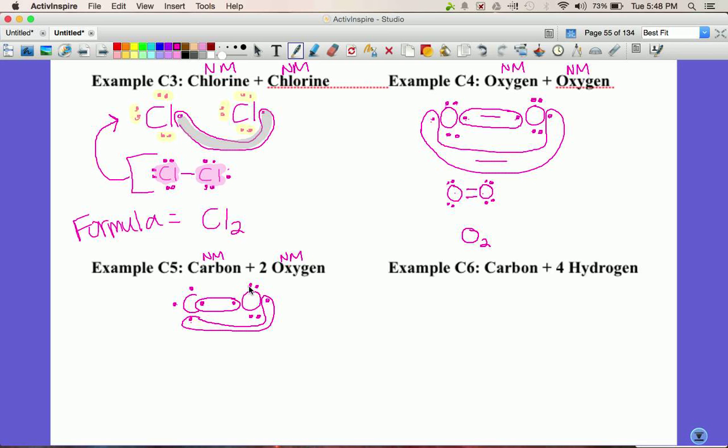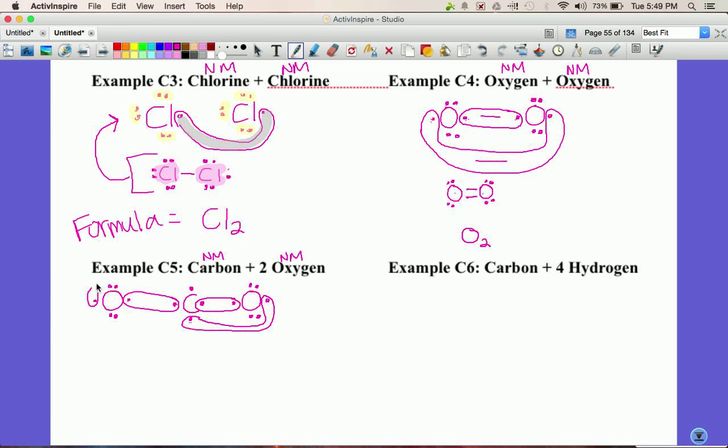So that will give oxygen 1, 2, 3, 4, 5, 6, 7, and 8. So oxygen is happy. But carbon is not happy. It still has 2 electrons over here that need to go somewhere. So what we do then is you add in another oxygen. Since carbon's already bonded with 1 oxygen, it'll bond again with a second oxygen.